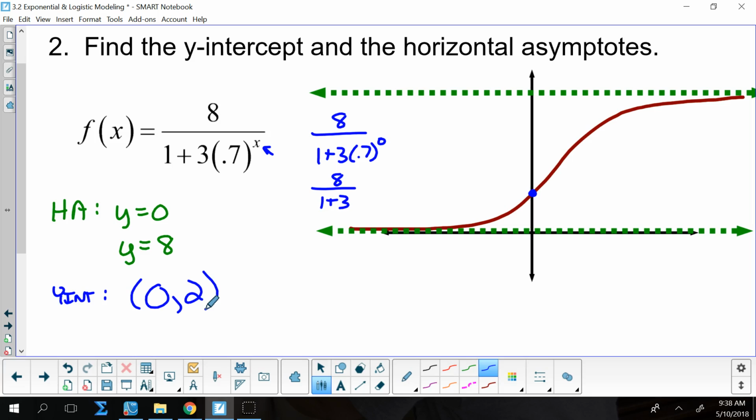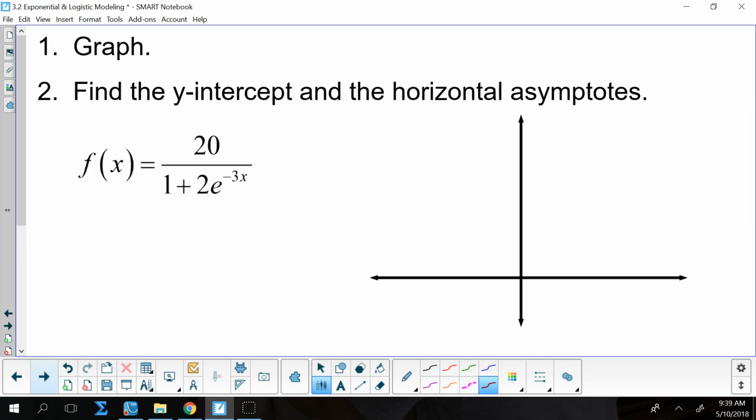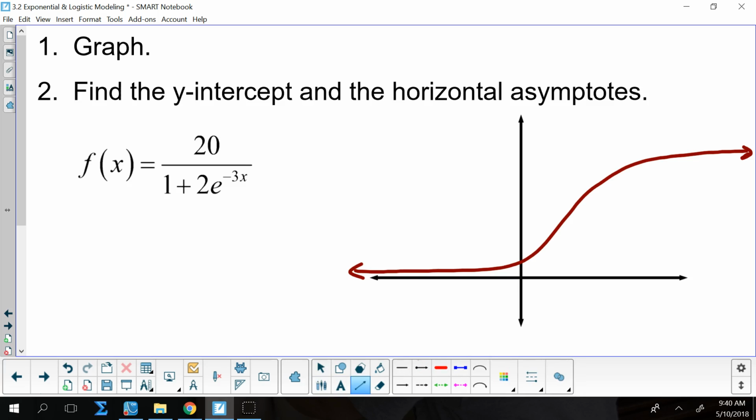We're only missing one little thing. There's our graph. Okay? You graph that one. There's the graph.